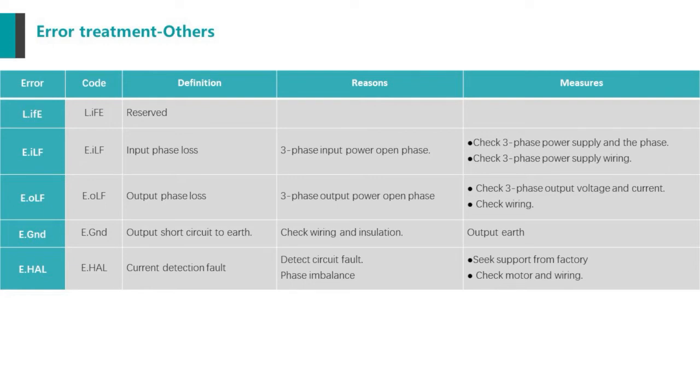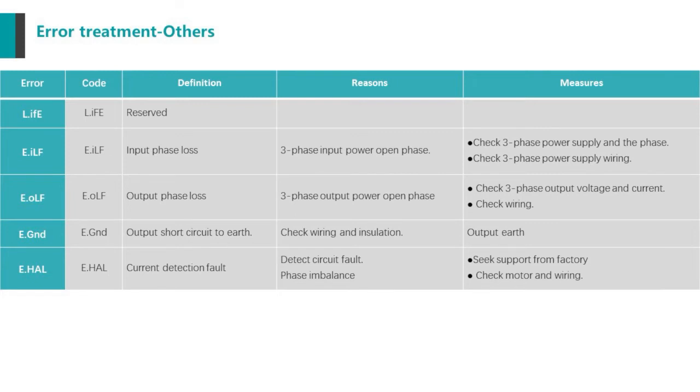Some unusual faults are LIFE, ILF, OLF, GND and Hall fault. LIFE is a system lock. If you set some password or if you set a running life in the inverter, the inverter will display this fault when it reaches the running time. In VEICHI VFD, we support the password setting and also the GPIS card and the inverter factory parameter setting, we could set a running time.